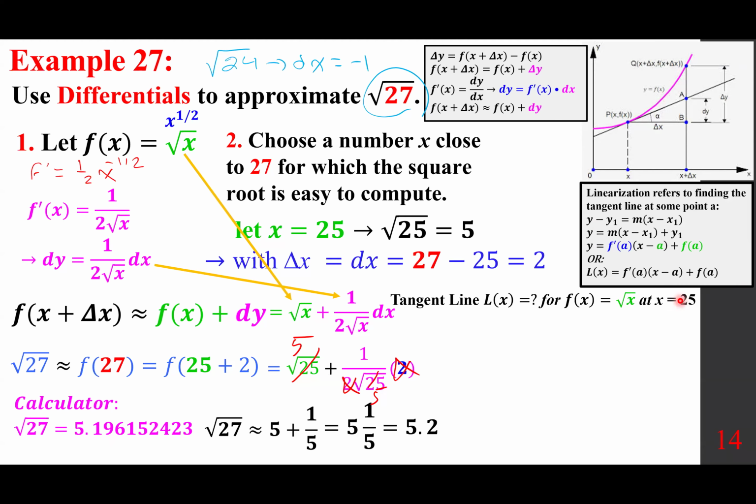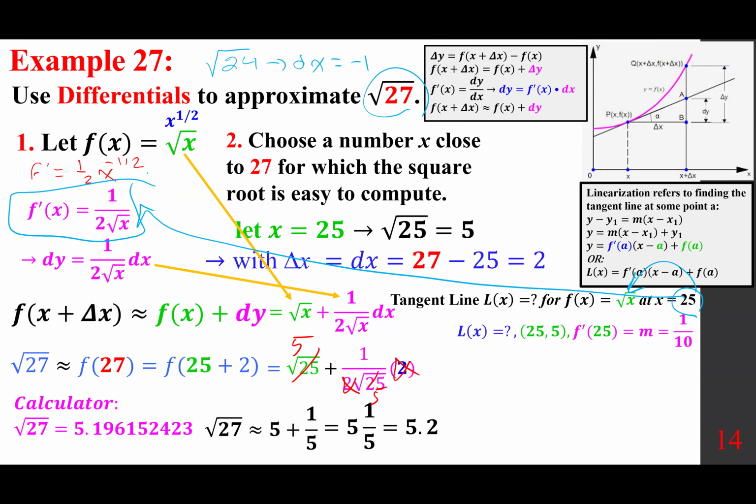So at x equals 25, you plug in, you get 25 comma 5 as the pair, and you put 25 into f prime, 1/2 square root of x. If I put it into the function, I get the pair 25 comma 5. If I put it into f prime, I get 1/10. That's how I get my information.